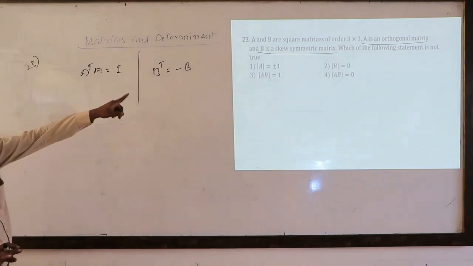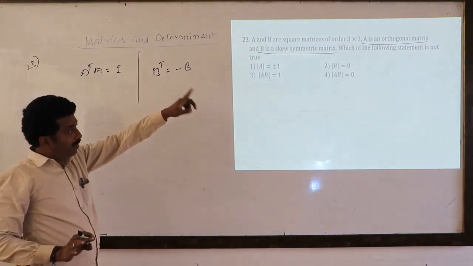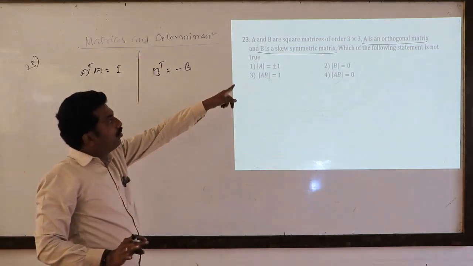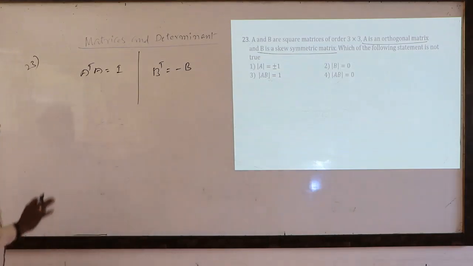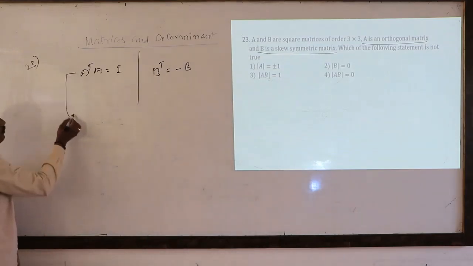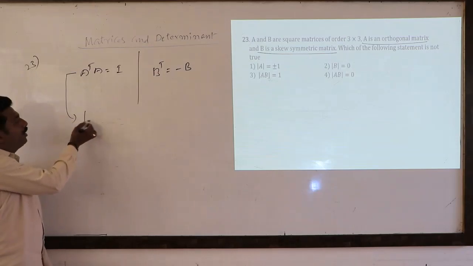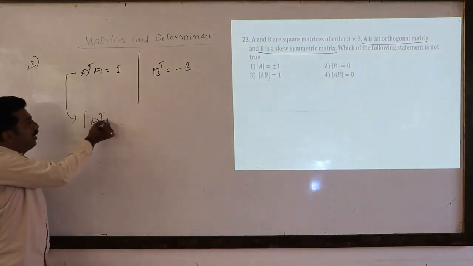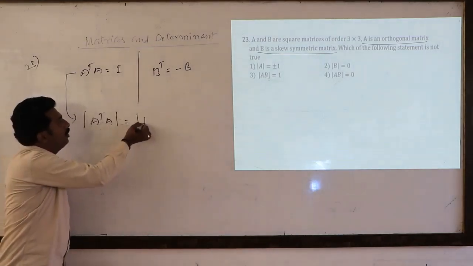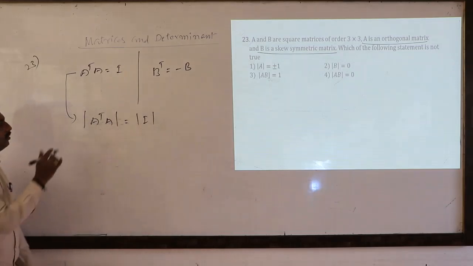So first option I am taking: modulus of determinant of A equal to plus or minus 1, whether it will come or not. See, taking determinant on both sides, determinant of A transpose A equal to determinant of identity matrix.